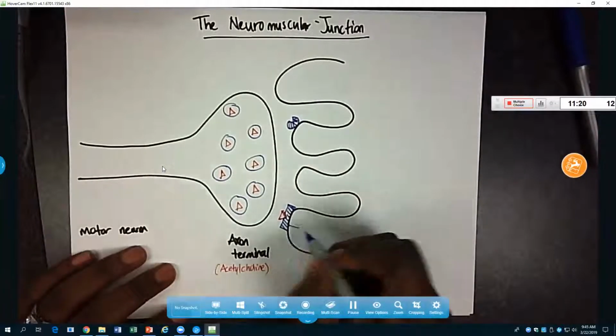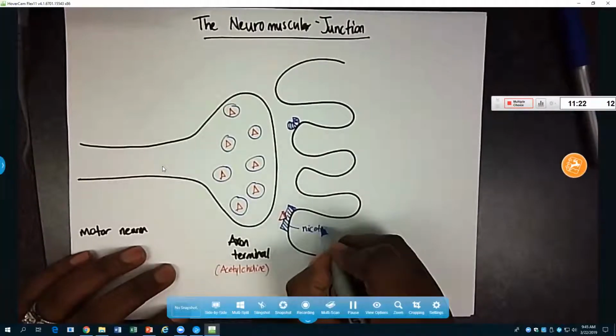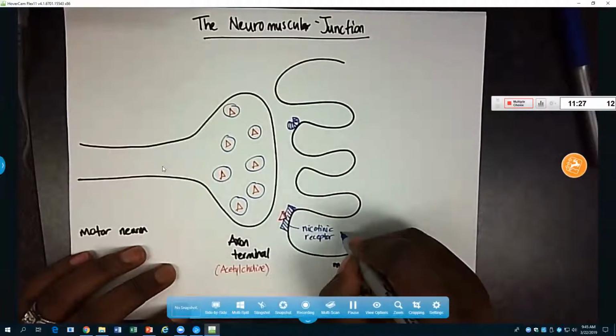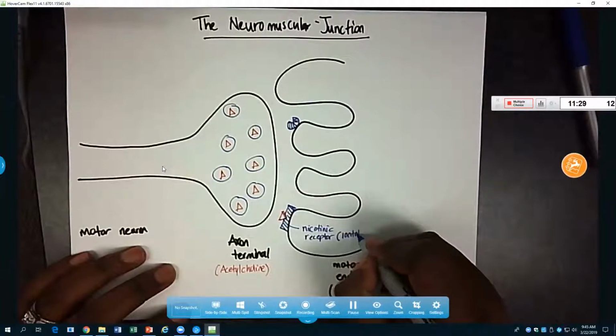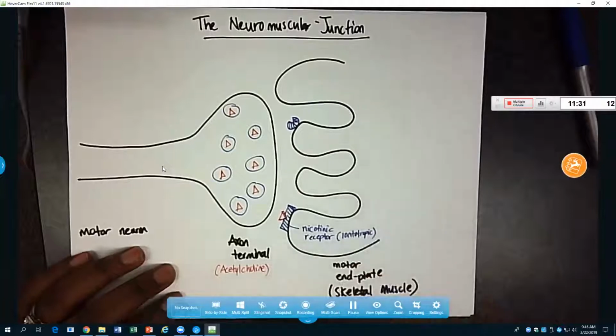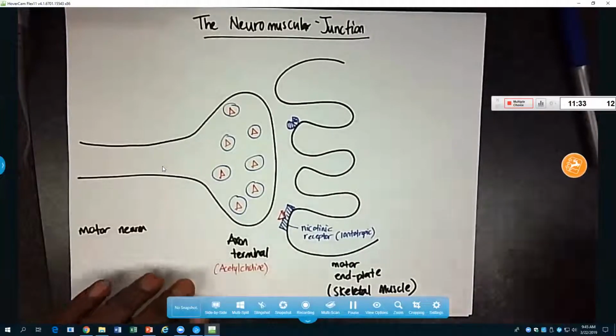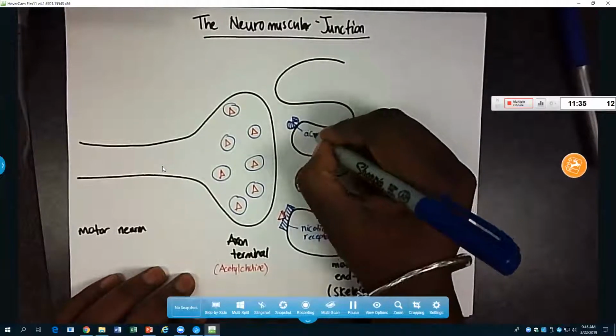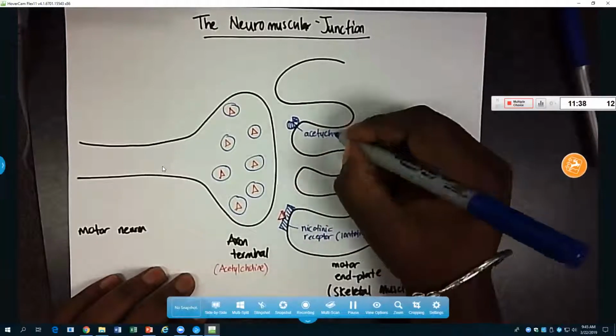So this is our nicotinic receptor, and you want to make a note that this is ionotropic. And we have acetylcholinesterase, which is this important enzyme.